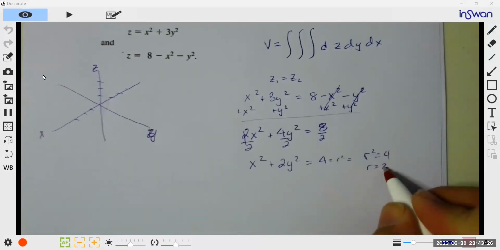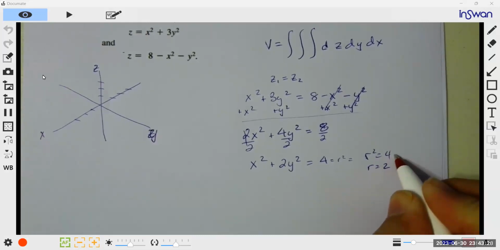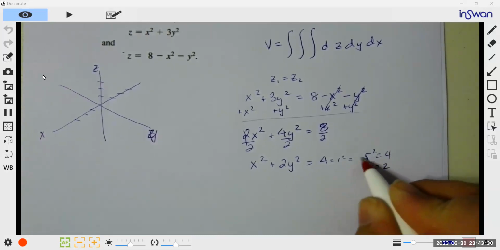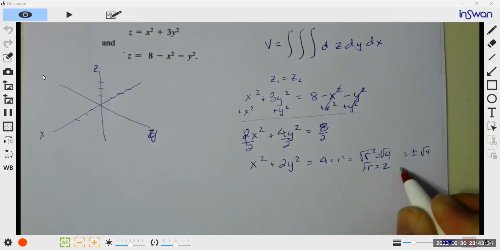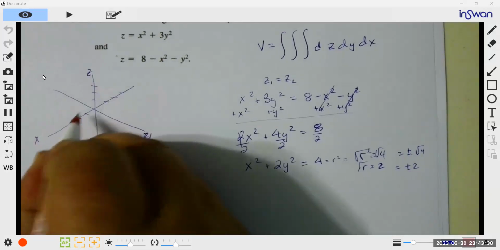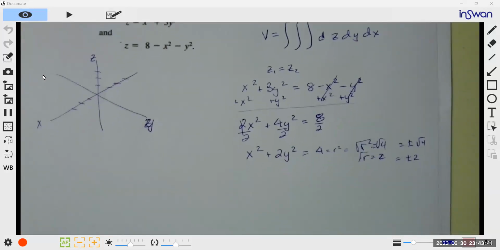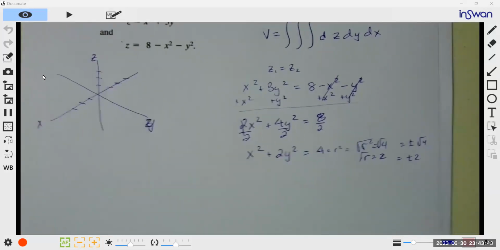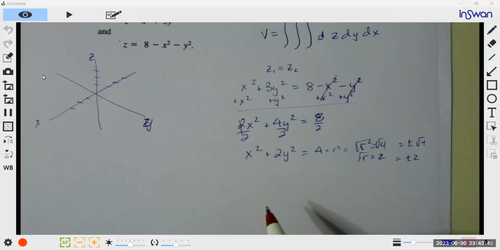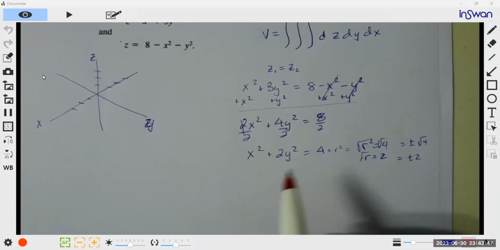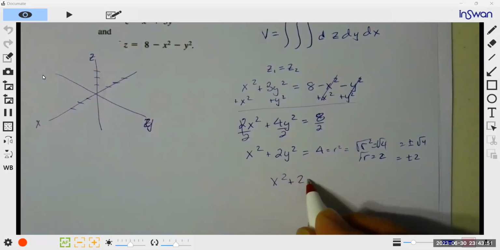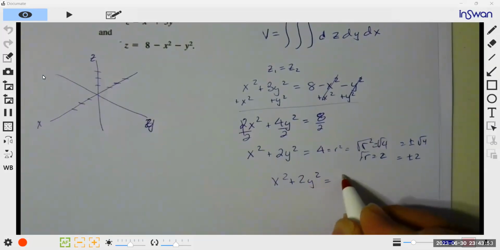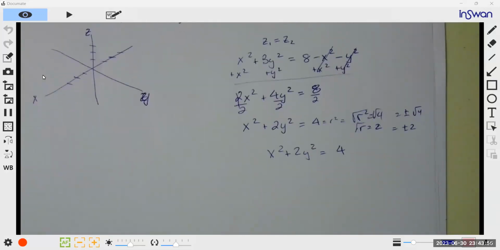Well, plus or minus 2, because when we take the square root of it, we take the plus or minus square root of 4, which is equal to plus or minus 2. Okay, so now we have one of our equations.